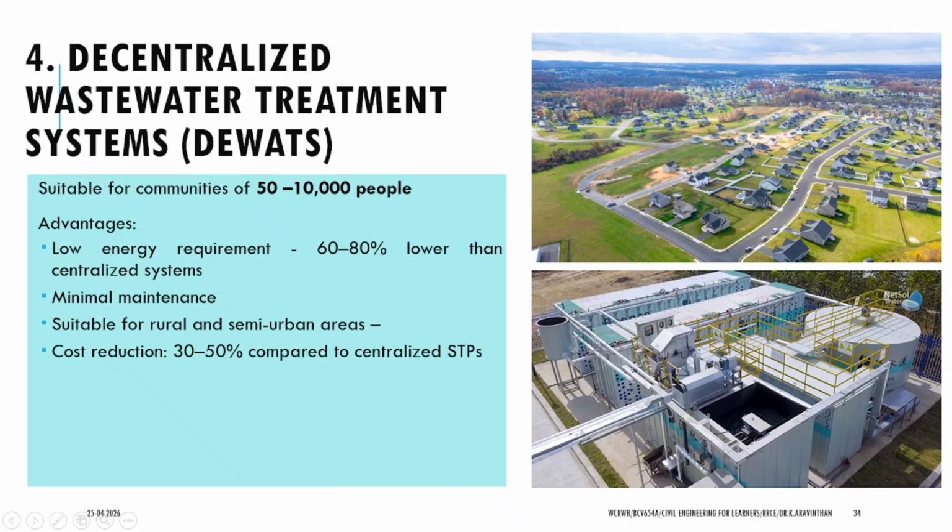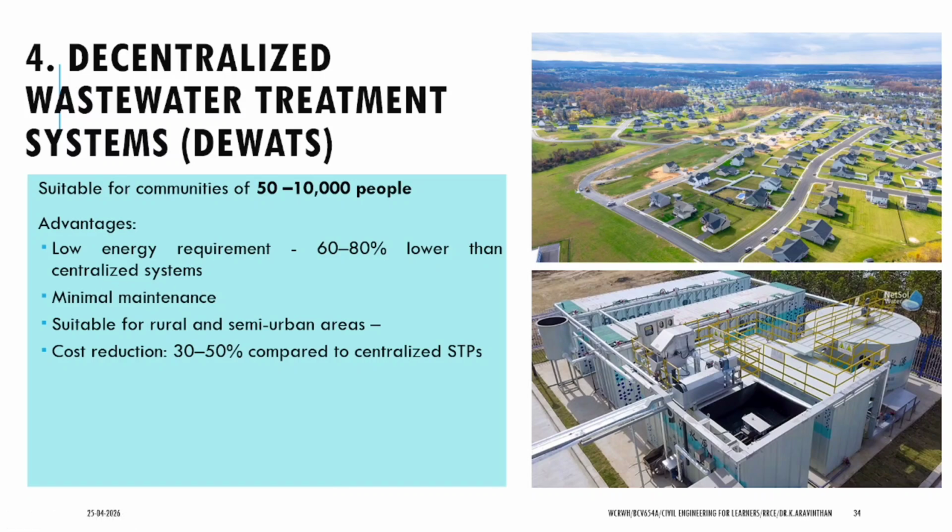If you have around 50 houses or 20 houses, for these houses there can be a separate treatment plant, and the water can be recycled there and used for lawns, gardening, car washing, etc. It is suitable for 50 to 10,000 people, from small to large scale. The advantage is low energy requirement: only 60 to 80 percent of the energy is required when compared with a centralized system.